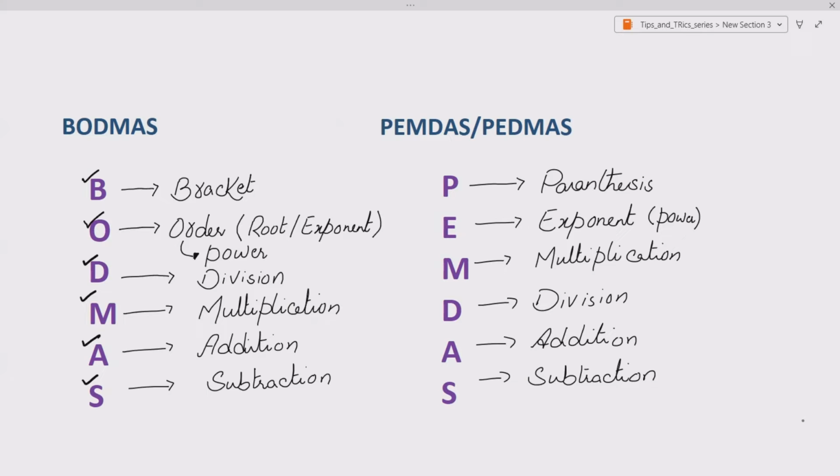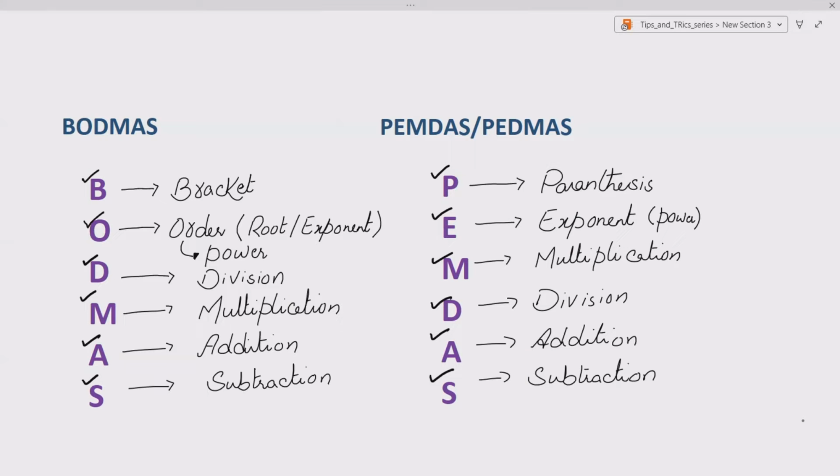The PEMDAS rule is exactly the same as BODMAS. It says solve parentheses first. Parentheses mean brackets. Then solve exponents, again powers, and then multiplication, division, addition and subtraction in that order.